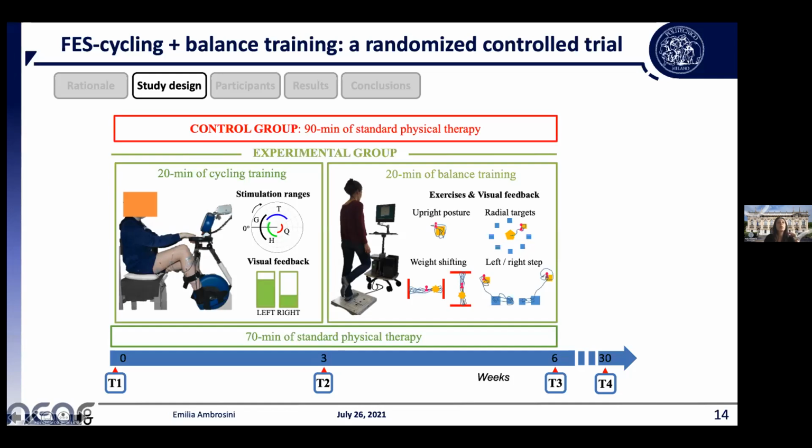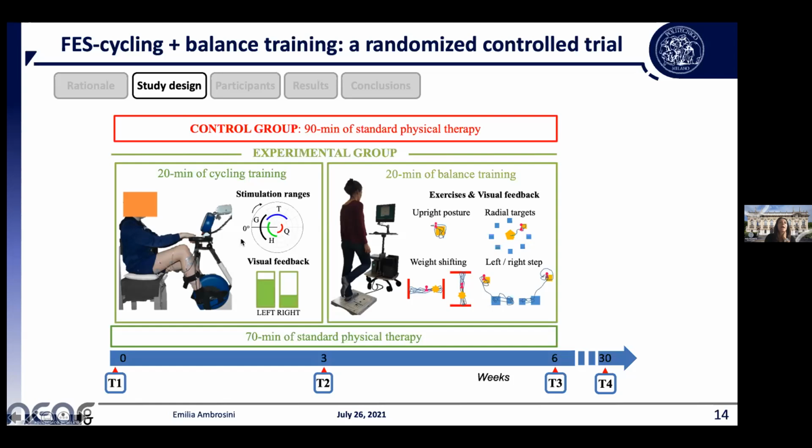In particular, we stimulated the quadriceps, the hamstrings, the tibialis, the gastrocnemius, and the gluteus for both legs, so both the affected side and the unaffected side of the patient.